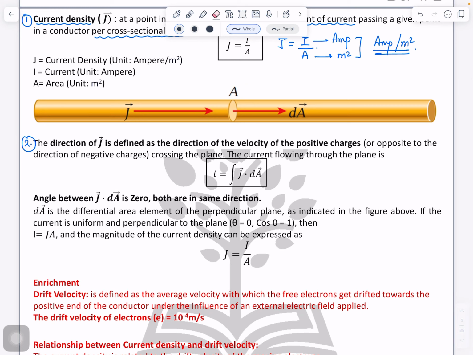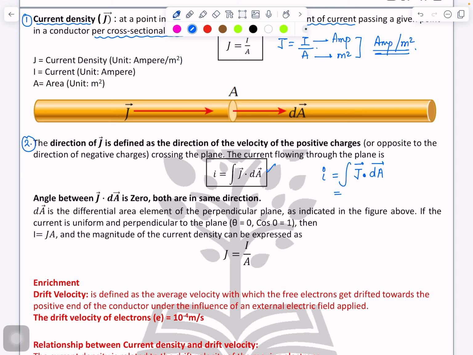We need to understand the direction. So we have a formula. I equals, just rearranging, I equals integration J dot dA. What is this? This is a vector, this is also a vector, and this is the dot product.